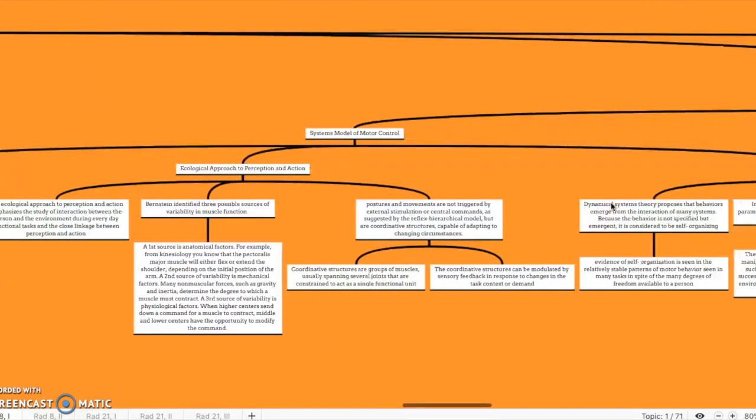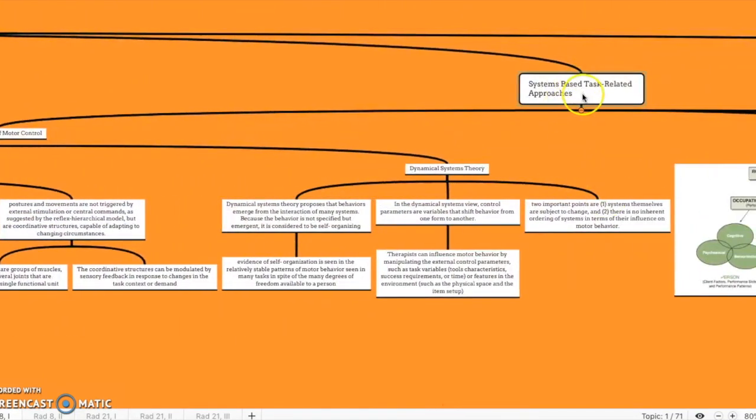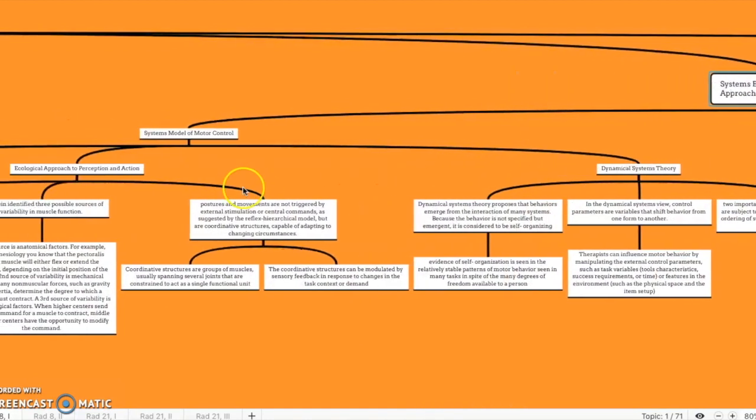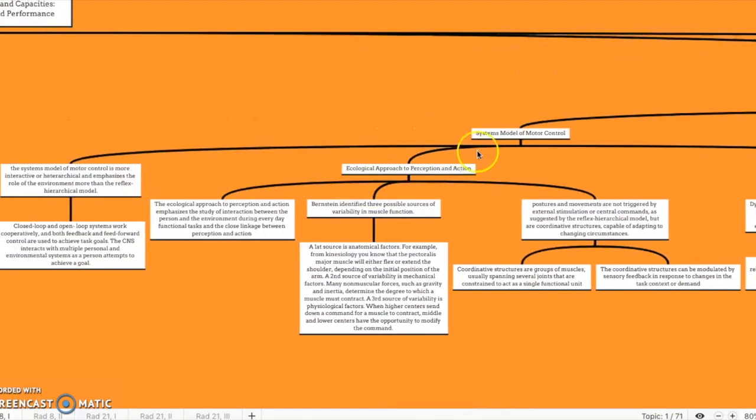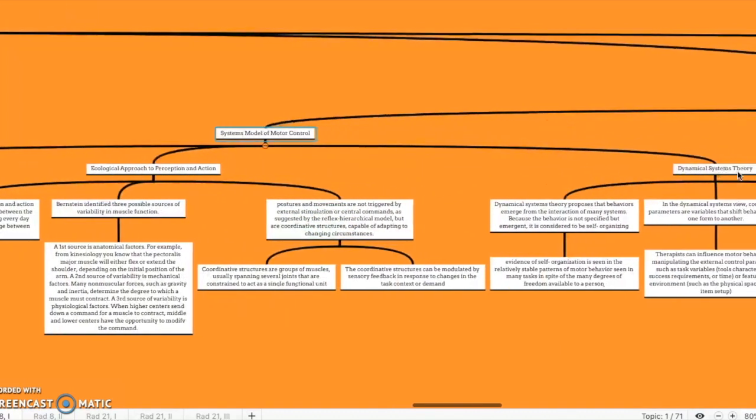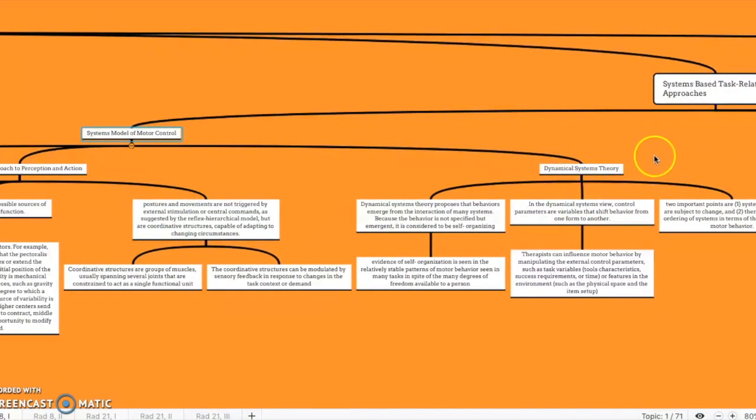The next component that we're looking at is called systems-based task-related approaches. And you can see them below, including systems model of motor control, as you can see here, which includes the ecological approach to perception and action. There's also the dynamical systems theory listed under systems model of motor control.